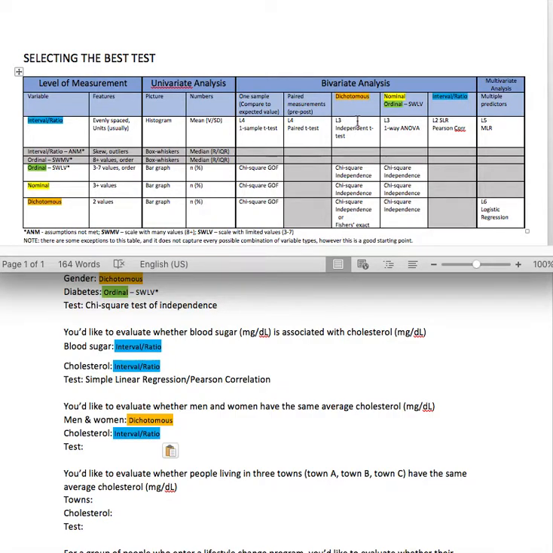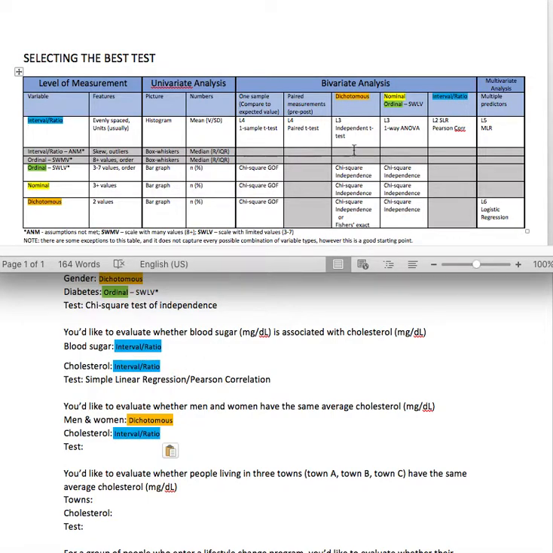Typically we like to think of it this way, with whatever it is that's interval ratio being kind of like our main variable that we're looking at. We'll look at the scenario where we have dichotomous here and interval ratio, and notice how it's grayed out. That's because that's not typically the way we would normally operate with that. So look for one that has a test that has an option for that.